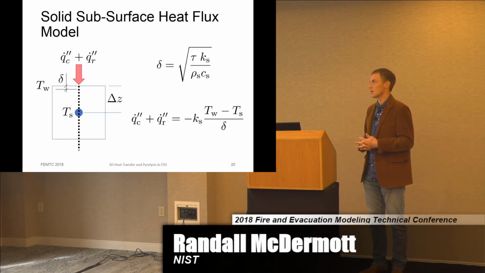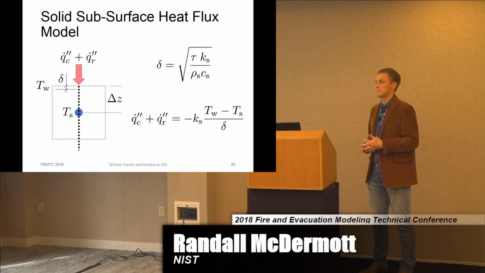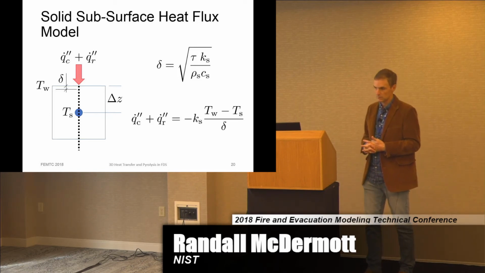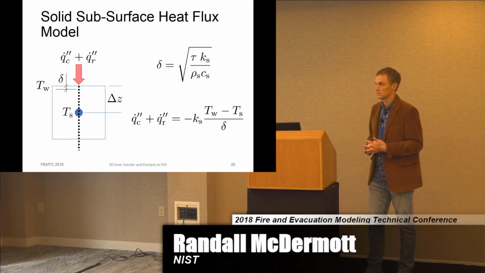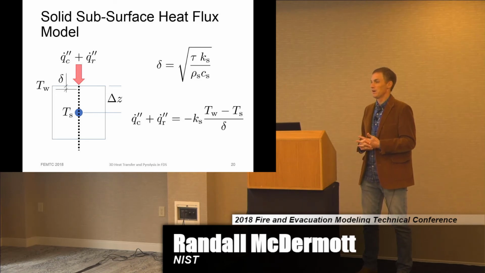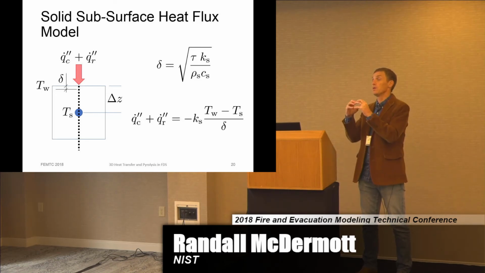So I noticed you were talking about the deformation of the surface, like as it's maybe melting or decreasing in thickness. Would you also be able to deform the obstruction itself and, like, translate the top of the beam down one cell and the bottom of the beam down one cell, and kind of change the shape of it over time as it yields? I mean, it's possible, but we don't right now. So we don't do intumescence yet.